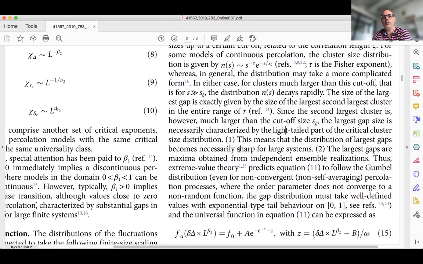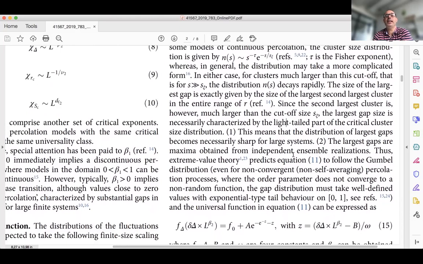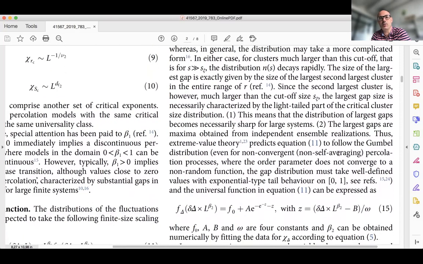That light-tailed part we really need, because then we can plug it into extreme value theory. This means that the distribution of largest gaps becomes necessarily sharp for a large system. This is one, and the largest gaps are maxima obtained from independent ensemble realizations, because this is what you do in ensembling in percolation, right? You study the ensemble average.